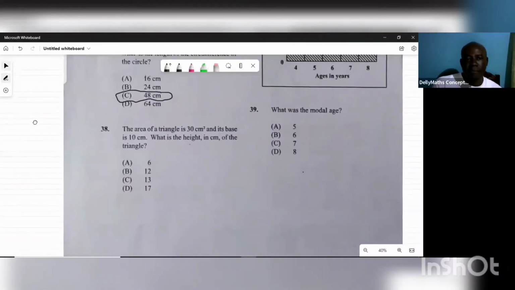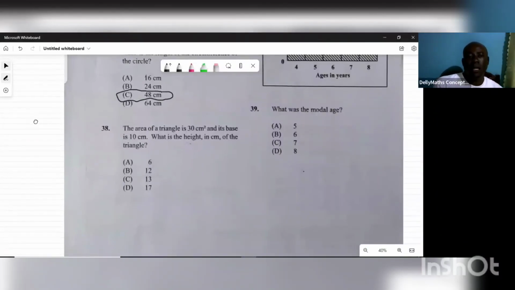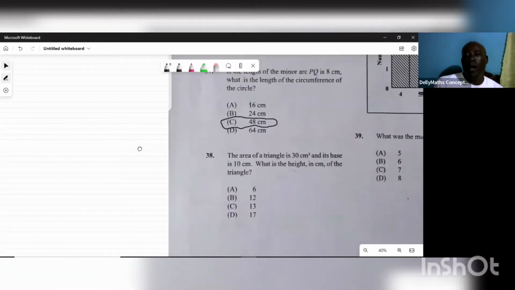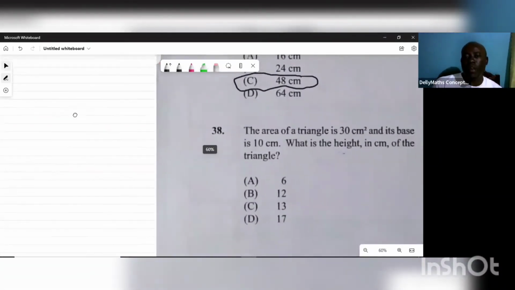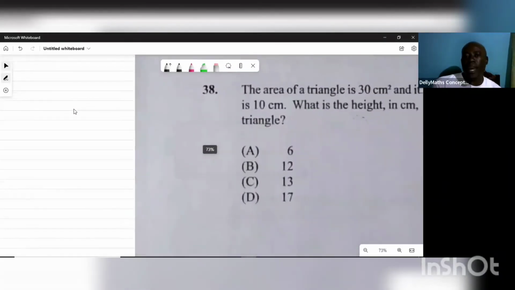Question 38. The area of a triangle is 30 square cm and its base is 10. What is the height of the triangle? We want to set up this question and utilize your knowledge of the area of a triangle.